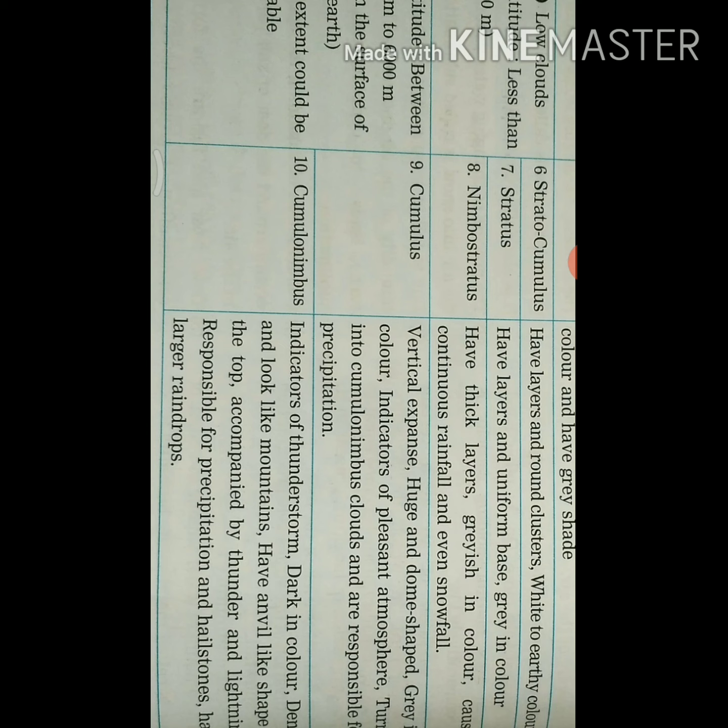Okay, these are the types of clouds and the features of the clouds you have seen in this lesson. Okay, got it. Now whatever the questions and answers below the lesson, you have to complete in the homework book. Got it.